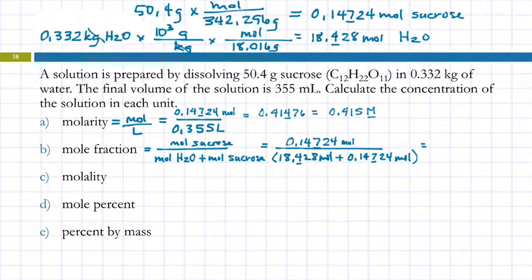So we had 0.14724 divided by the quantity, 18.428, plus 0.14724, close parentheses, equal.